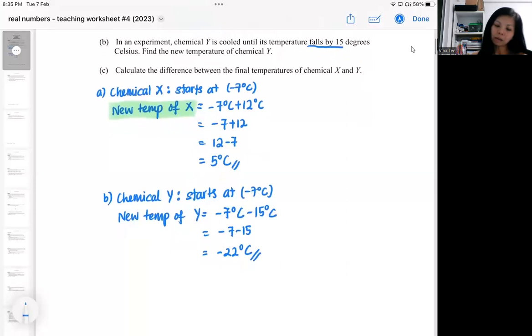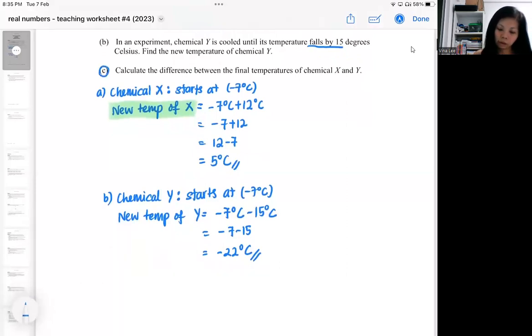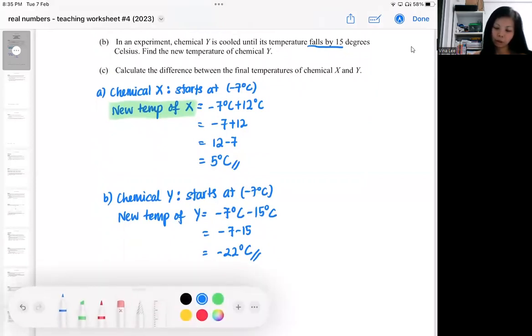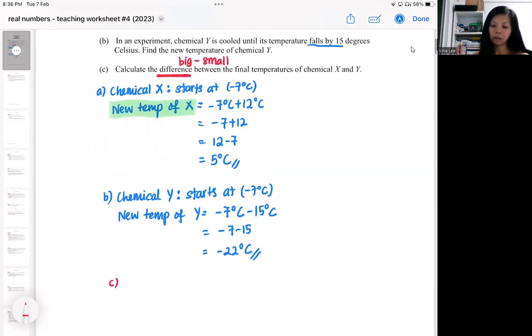Okay, in the last part, your job is to calculate the difference between the two final temperatures. Whenever you see difference, we know that we are doing a subtraction. You must have the idea that when you do subtraction, it's big minus small. Between the two final temperatures, you got to see which one is the bigger one. This is the positive temperature.